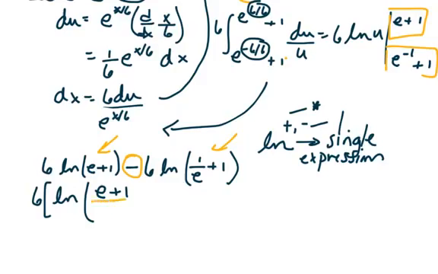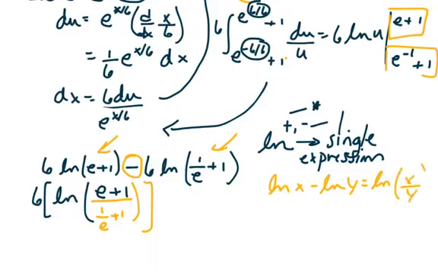So I'm going to combine them, and I'm going to leave it highlighted like that, okay, because that's the equivalent. Remember that ln of x minus ln of y is equal to ln of x over y. These are log properties. This is not calculus, this is algebra, okay?